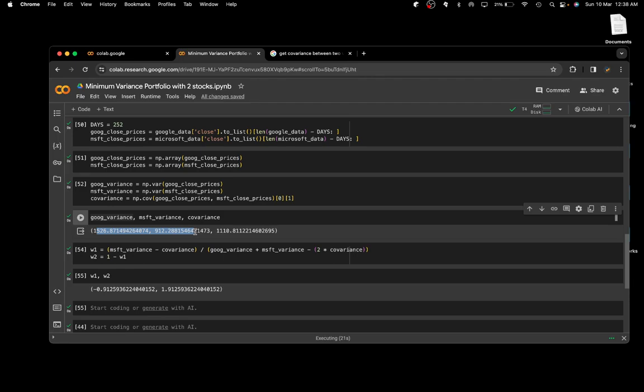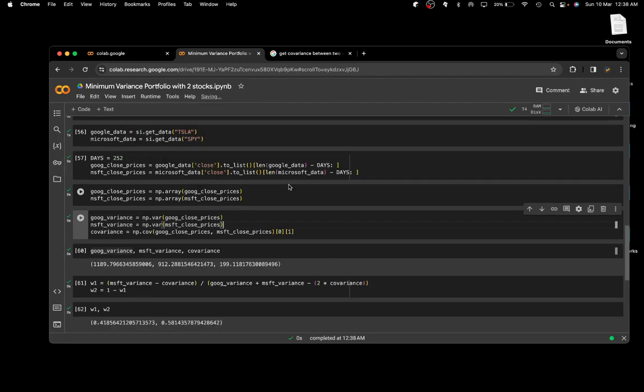If I just do Tesla and SPY again, I get this. Effectively, what's happening is that the covariance value is too large.